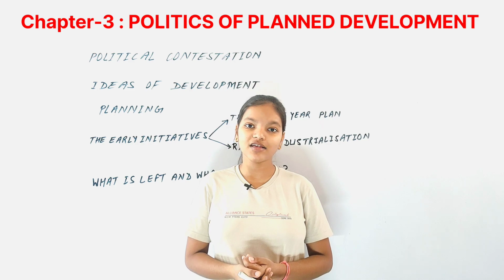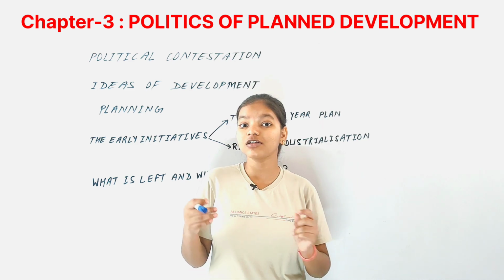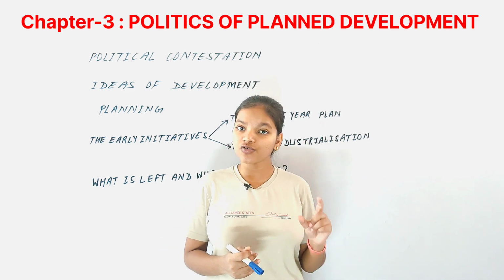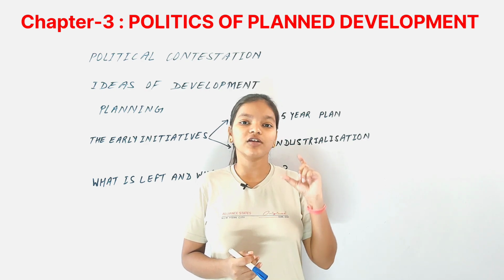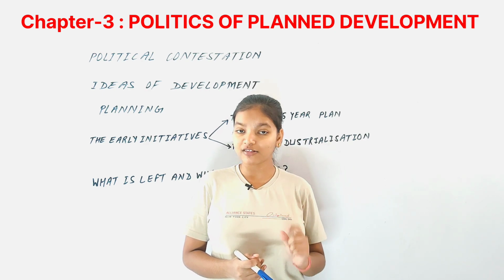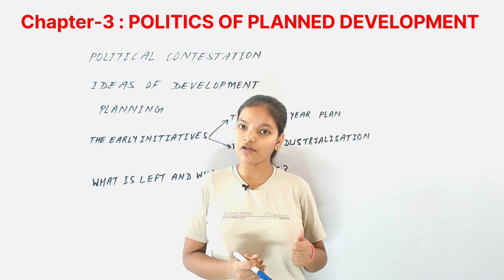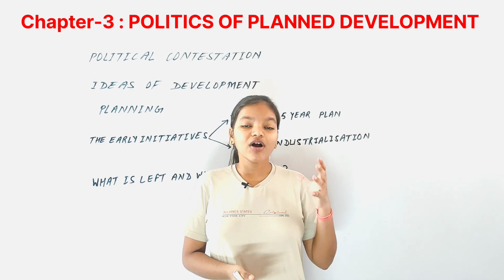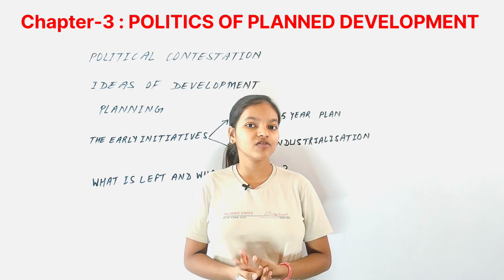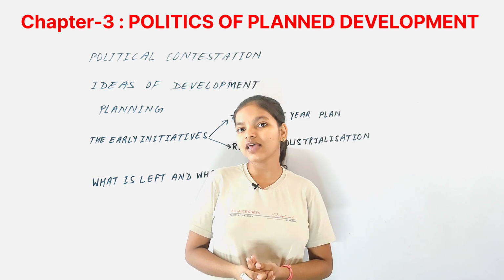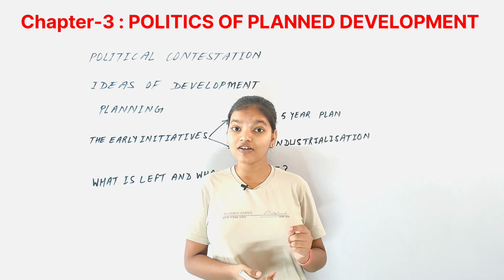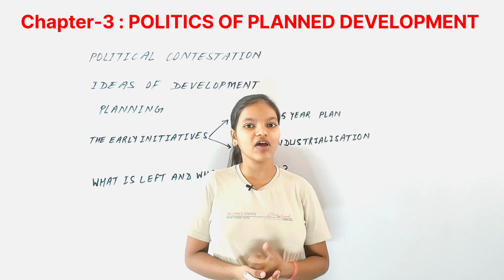So basically in this chapter, we will see how the development, the economic growth of the country, the economic development of the country took place. What were the debates about development in the country? What kind of development strategy was adopted by the political leaders at that time, and why did they choose that development strategy?